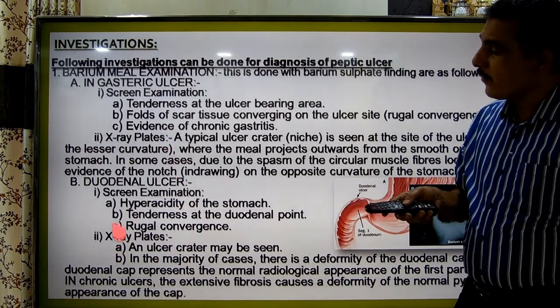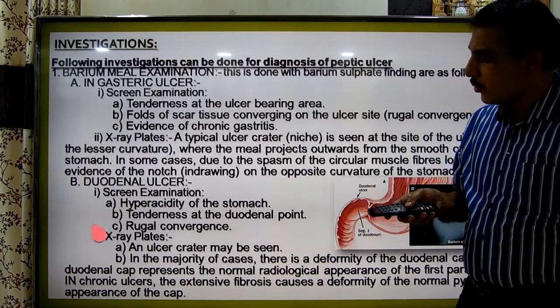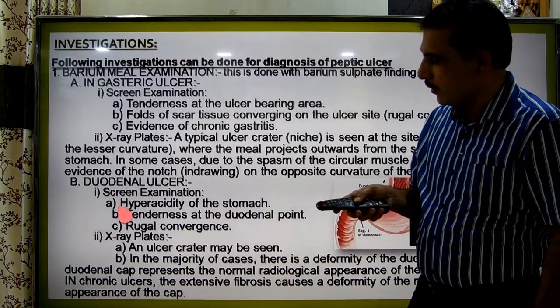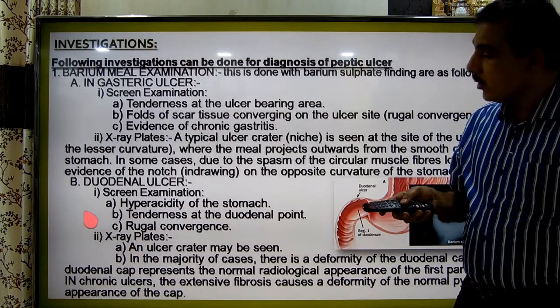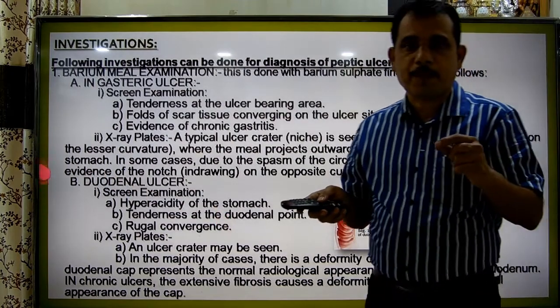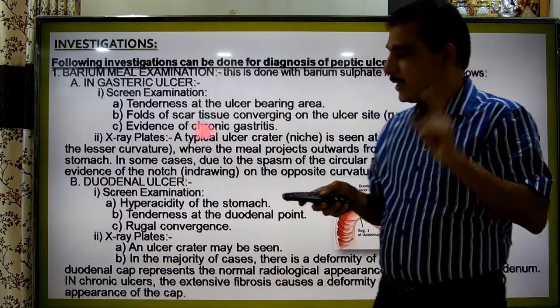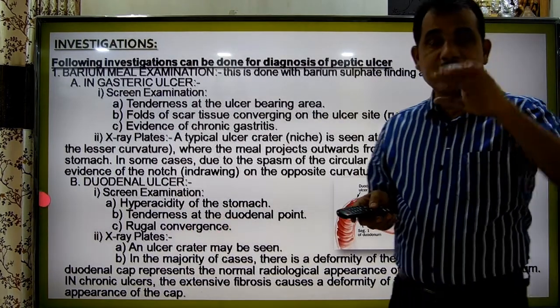Now see what is found in the duodenal ulcer. In duodenal ulcer, you can take two examinations by barium meal: the screening and second the X-ray plate. On the screening, what do you find? First of all, hyperacidity of the stomach. Second, tenderness at the duodenal point, that is at the first part.